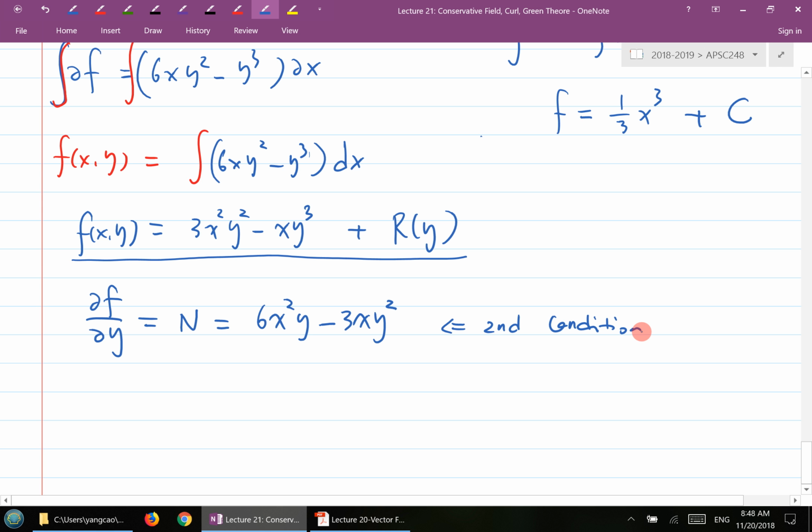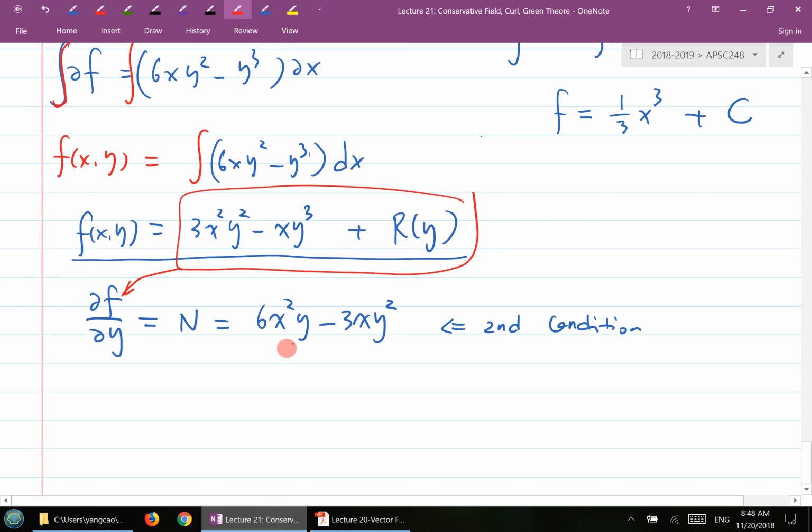So when you apply this second condition, what it means basically is we already have an incomplete result for this potential function f. All I need to do is substitute these results into the partial derivative and compare with this given function n.